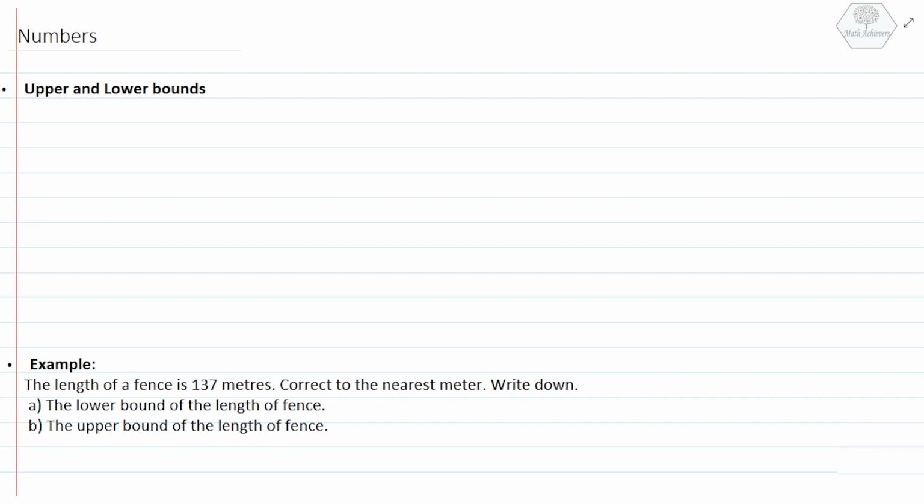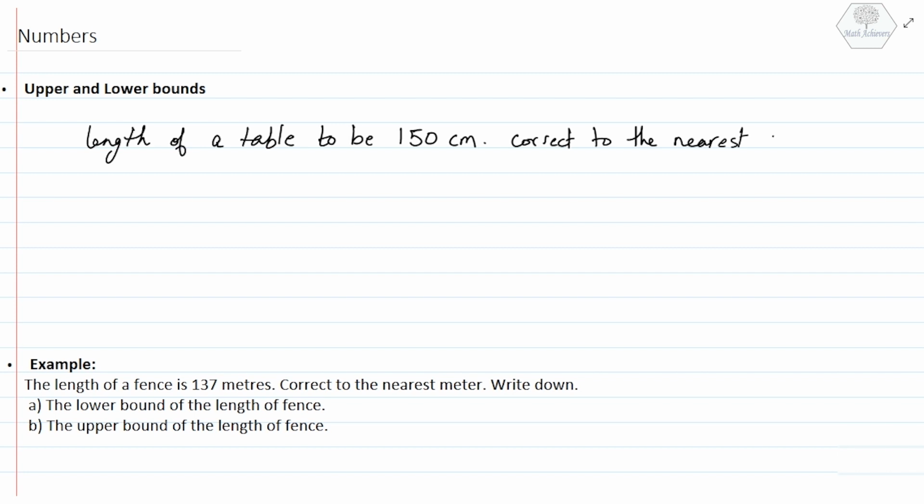I calculated or I measured the length of a table to be 150 centimeters, correct to the nearest centimeter.